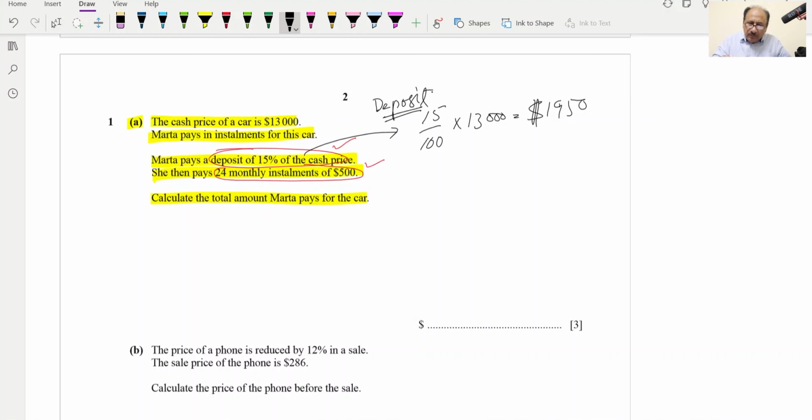Now the second amount, the monthly installments, is 24 installments multiplied by $500. This is the amount she has paid as installments.